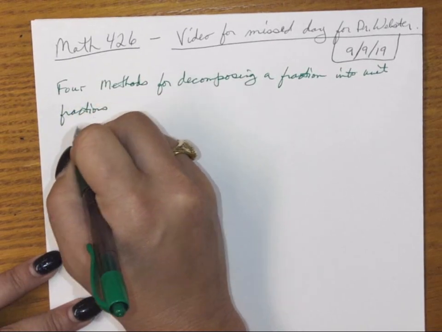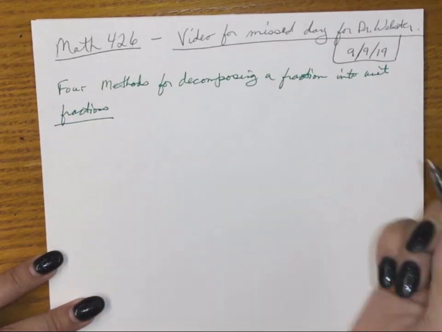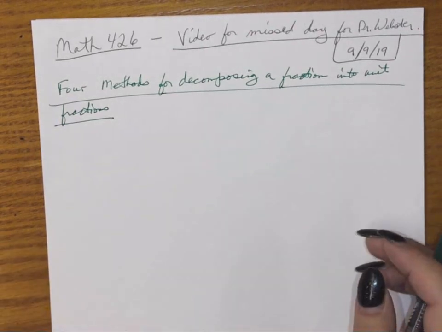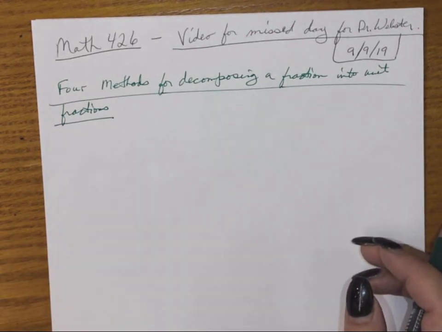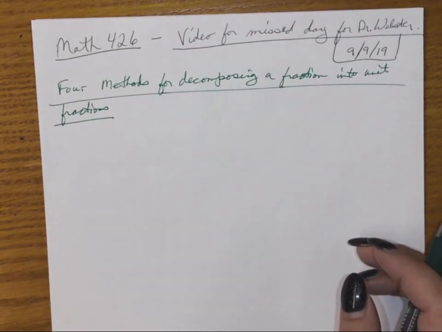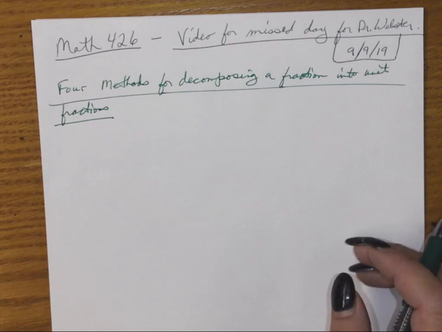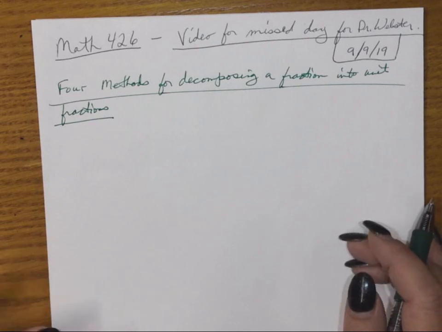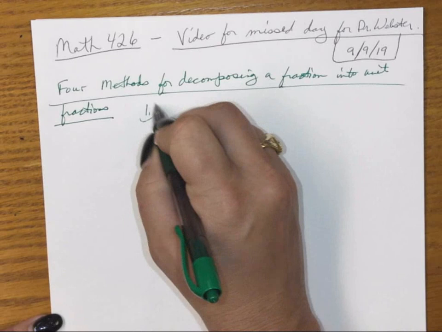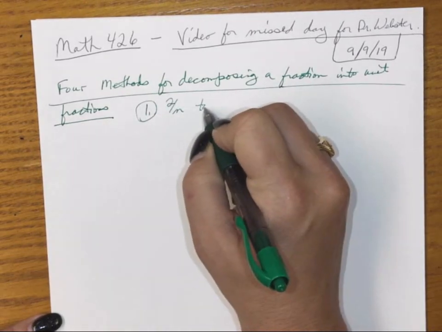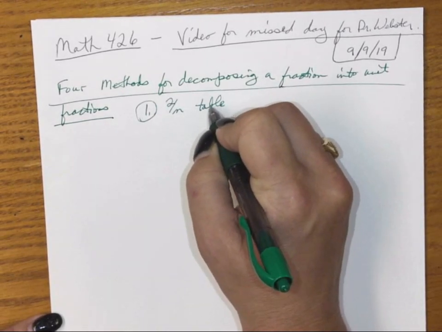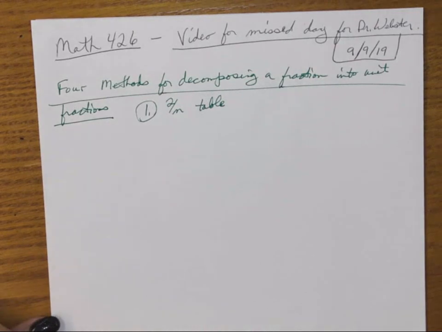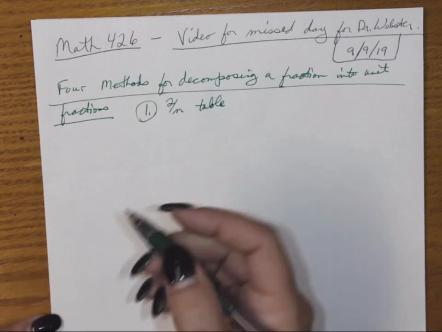I'm going to give some homework today, I think. If I don't give it on Friday, then I'll for sure have it on here for Monday. So I think you've already done all of these 4 methods. You can use the 2/n table that came from the Egyptians, and you can see that, I think it's on page 40 in your book.